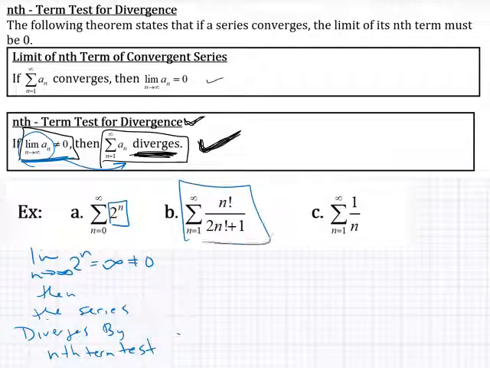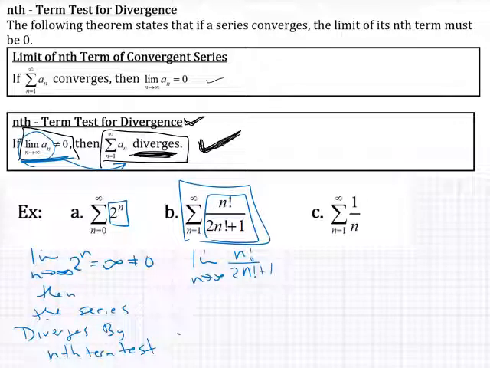Let's look at this one. These are the terms of the series. If I did the limit as n goes to infinity of n factorial over 2n factorial plus 1, without doing a whole lot of work, you could see that I have a factorial on the top and a factorial on the bottom. We talked about numerator and denominator functions, one growing faster than the other or at the same rate. These are the same function. So you should probably realize that this limit as n goes to infinity gets closer and closer to a half.